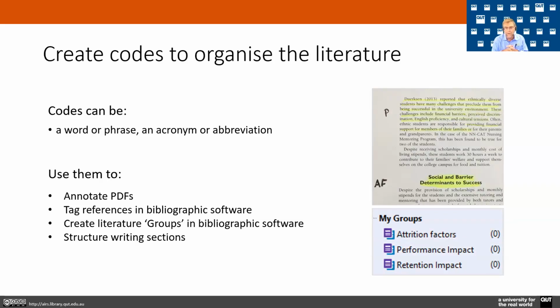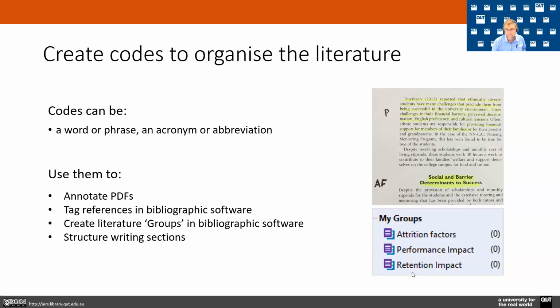You see here we've got an alpha system up here on the right, for annotating PDFs. In this particular case, it's one document that might address a number of these areas that are important to your research question. The illustration on the bottom right is from what we call EndNote groups.